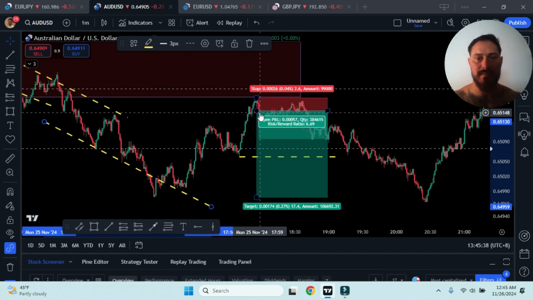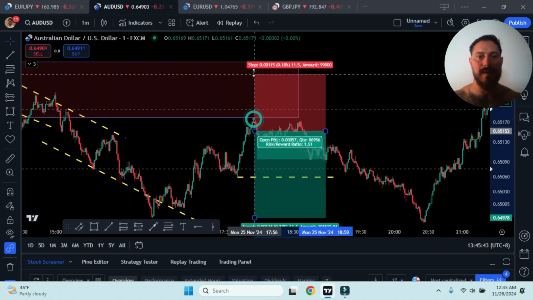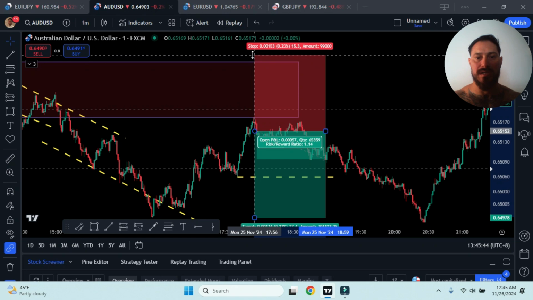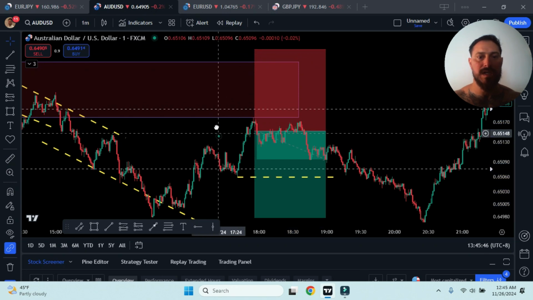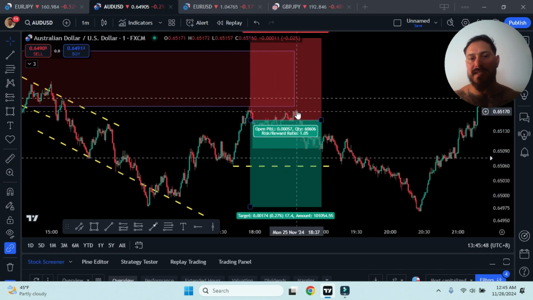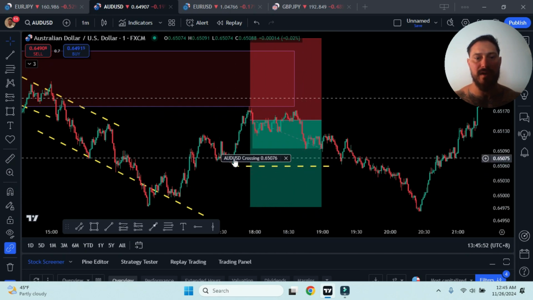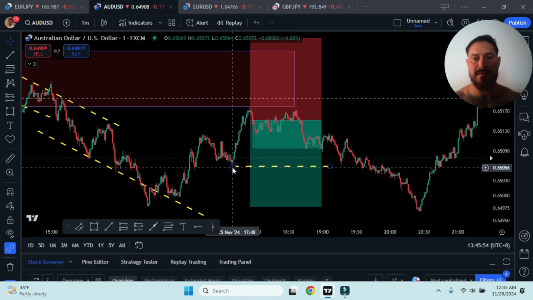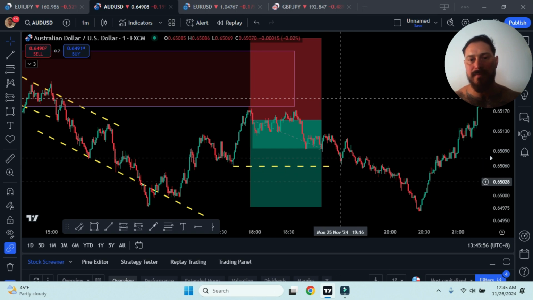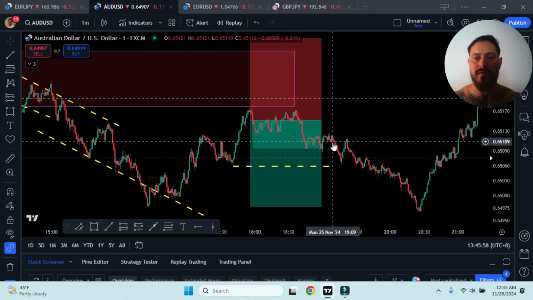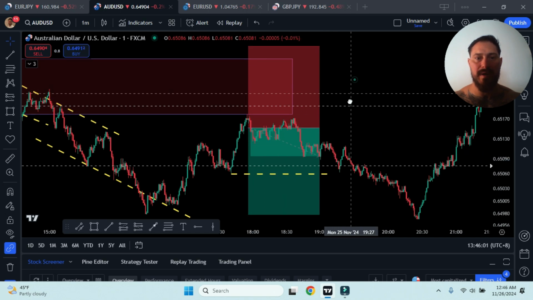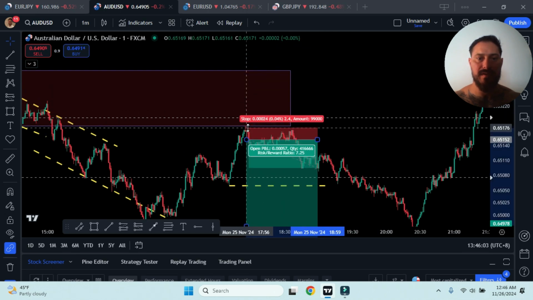On this 1 minute bar, I did in fact take a sell, and my stop was at a 1-to-1, which is well above the order block. As price started to model in this area and started to sell off, I had alerts set here for my first TP, and my second TP was here. I got both of them, and obviously as it moved down close to here, I moved my stop up to above the pivot.